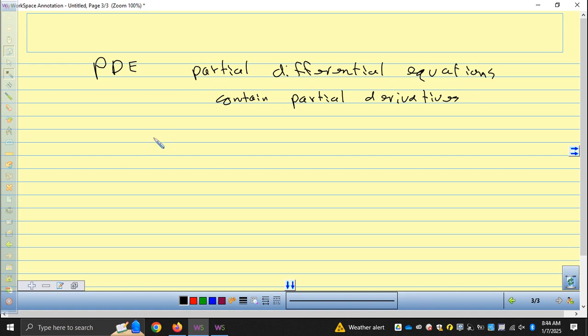So an example of a partial differential equation would be something like this: the second partial of u with respect to t is c squared times the quantity d squared u/dx squared plus d squared u/dy squared.